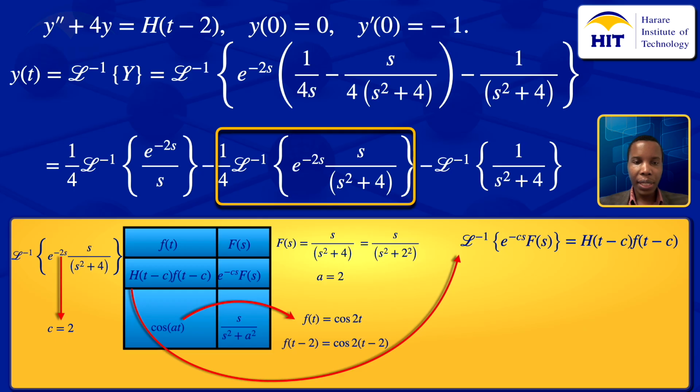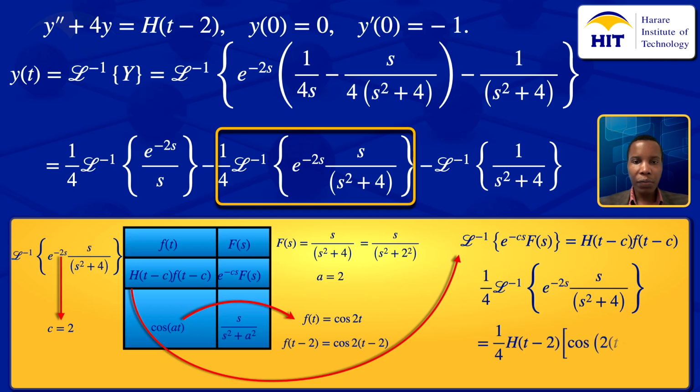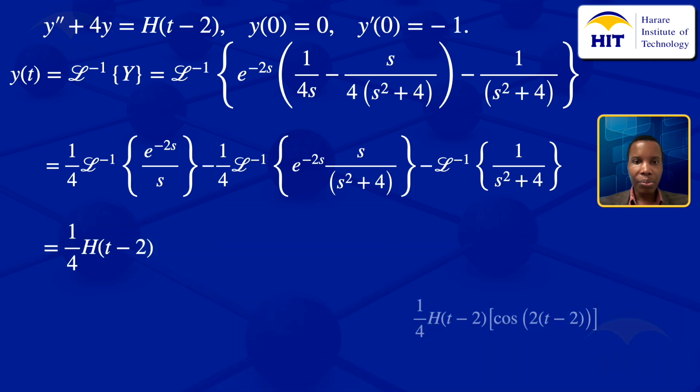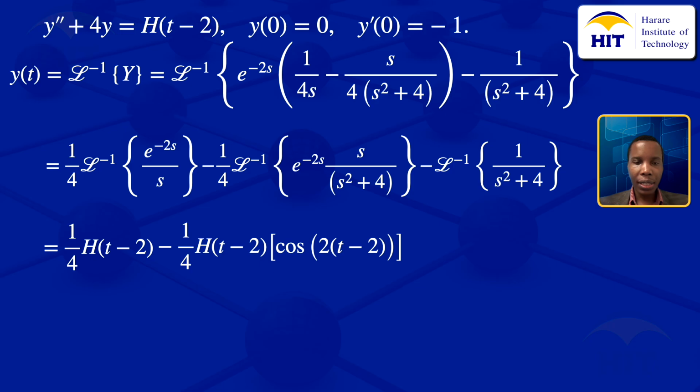And we have obtained the h of t minus c and the f of t minus c, so that the inverse Laplace transform of 1 over 4 multiplied by exponent of minus 2s times s divided by s squared plus 4 will then give us 1 over 4 h of t minus 2 multiplied by cosine of 2 times t minus 2. So I will write the expression in our equation here. It's a minus 1 over 4.